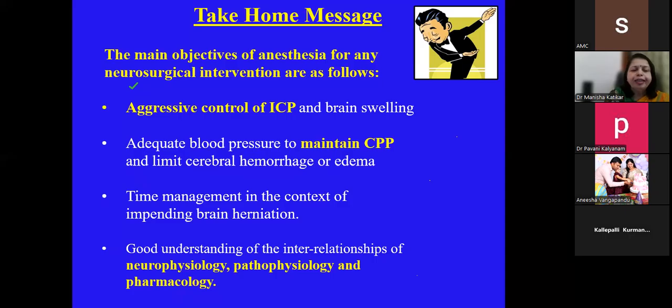If you feel that the patient is becoming drowsy, if you feel in the neurocritical care that this patient needs emergency intubation, don't wait. And if you put in a tube, put the patient on a ventilator. This is also very important. You have to have a basic knowledge of neurophysiology, pathophysiology, and pharmacology. And if you know the basics of all this, then there will be a good patient outcome.